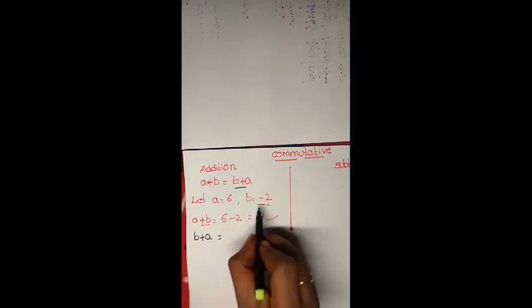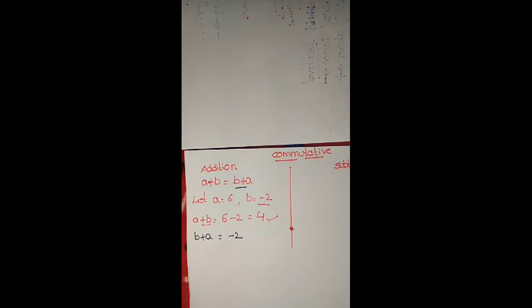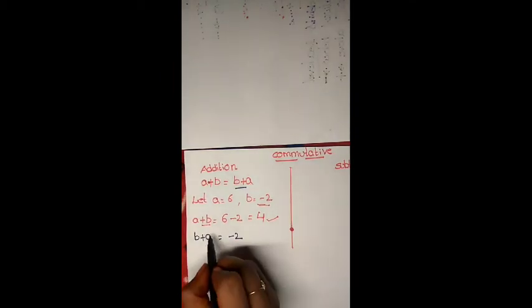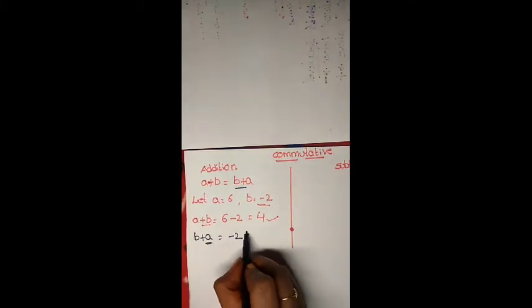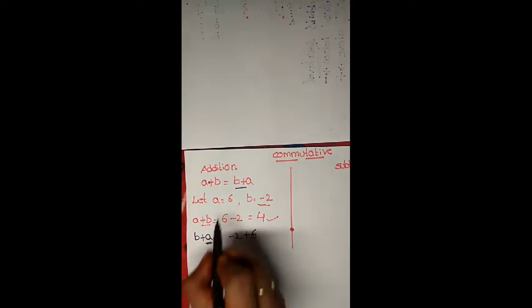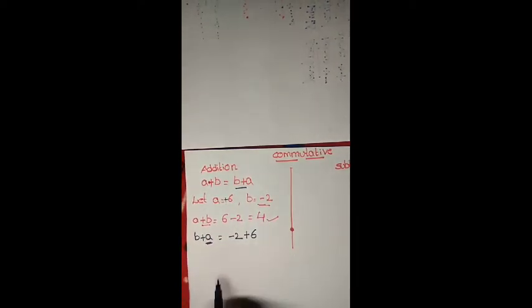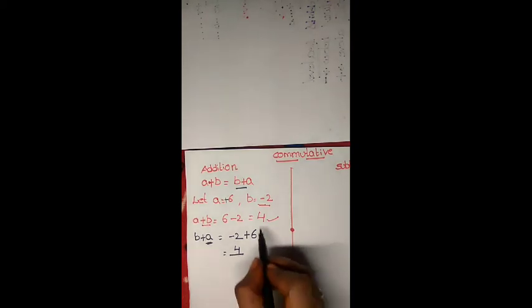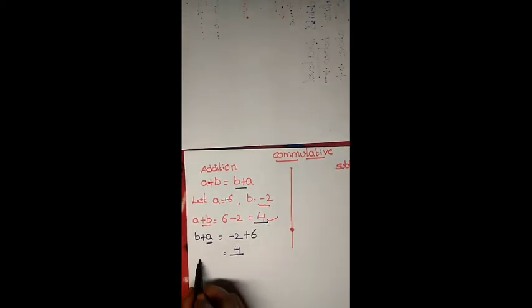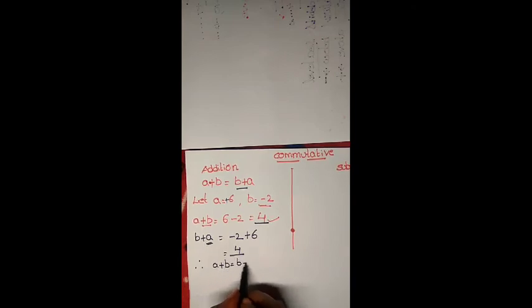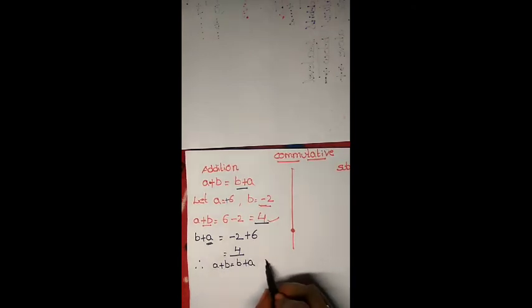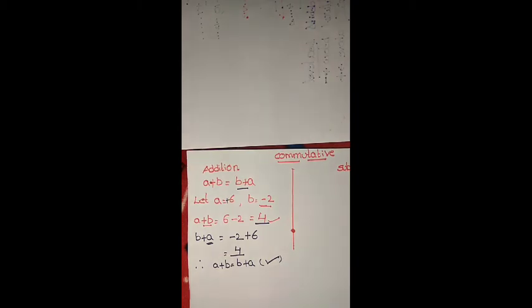Next, let us check for b plus a. b is minus 2 and a is 6. Minus 2 plus 6 gives 4. If you observe, the values of a plus b and b plus a are equal. Therefore, a plus b equals b plus a. That means the commutative property of integers under addition is satisfied.